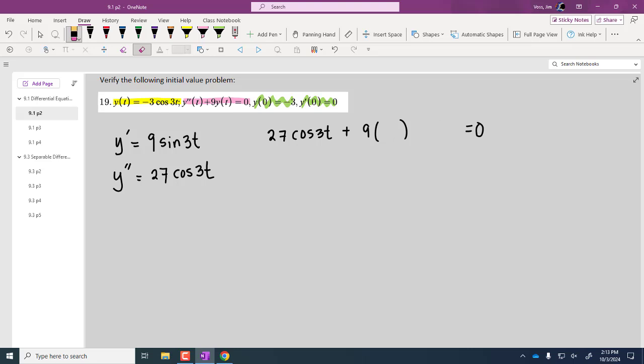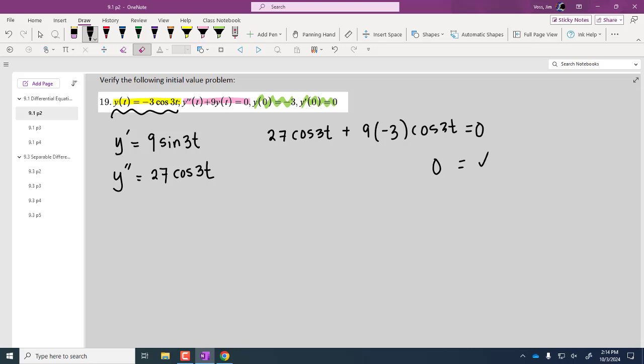So it's 9 times y, so we're going back to the original function. So that's what I should be plugging in, just the original function, which we would have noticed in 1 second because it would not be 0. Okay, so then this is 27 minus 27, we get 0. So that checks. So that tells us that this function satisfies the differential equation.